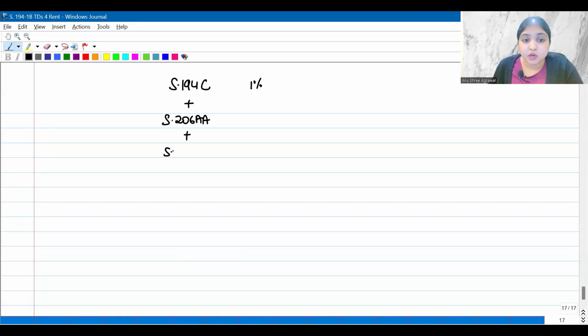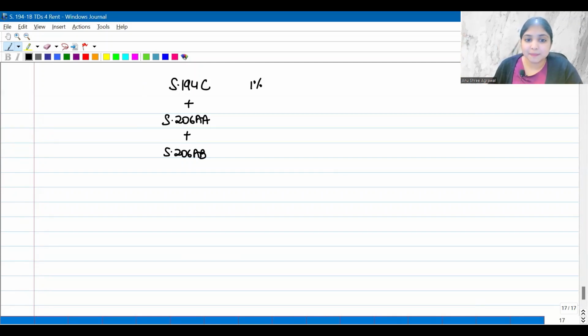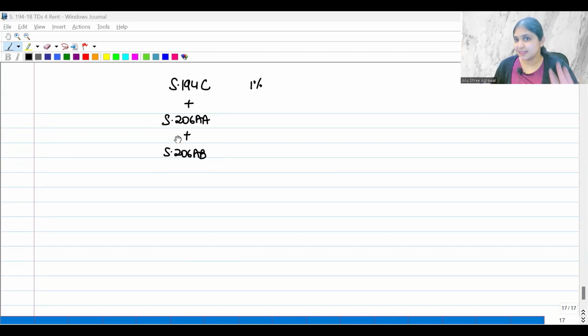And let us say 206AB is also applicable, which means 2 years back the deductee did not file his ITR and that year his TDS TCS credit was at least 50,000. Let's say all these three sections are applicable. Then what will happen? We will apply 206AA also, we'll apply 206AB also, and we'll see where the highest TDS rate applies.